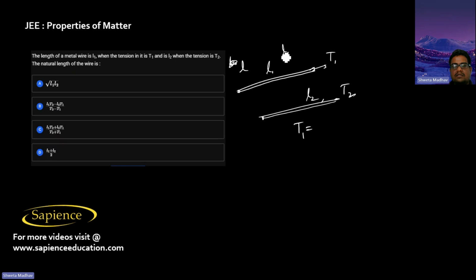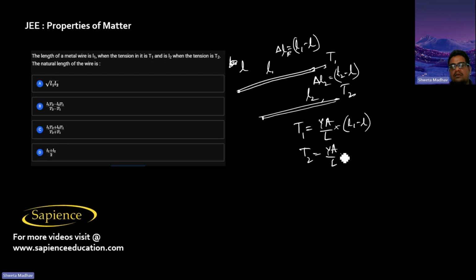Then the extension in the first case is L1 minus L, and the extension in the second case is L2 minus L. I can say T1 will be equal to YA by L into delta L, which is L1 minus L. Similarly T2 will be YA by L into L2 minus L. So therefore T1 by T2 will be equal to L1 minus L by L2 minus L.